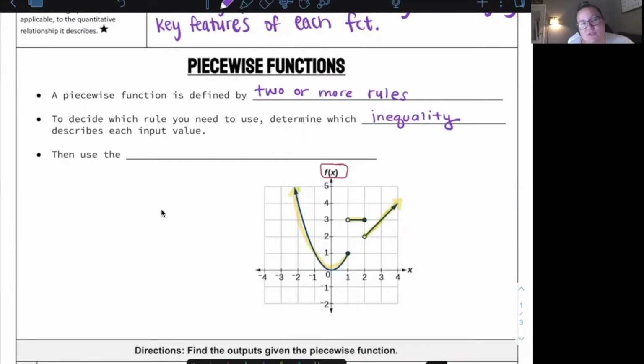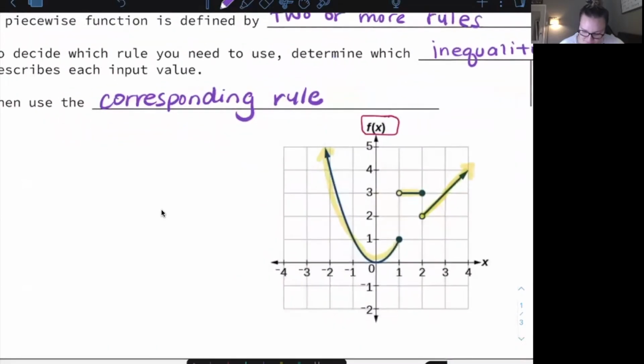So piecewise functions come with two or more rules, and then you decide which rule to use based on an inequality. And I'll show you what that means in just a second. Then you will use the corresponding rule. So after you figure out which input value your inequality goes with, then you'll decide which function or corresponding rule to use.